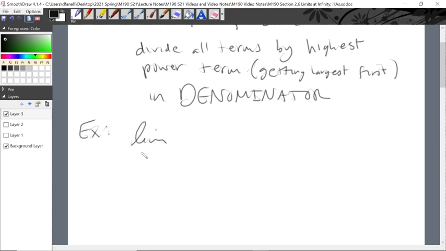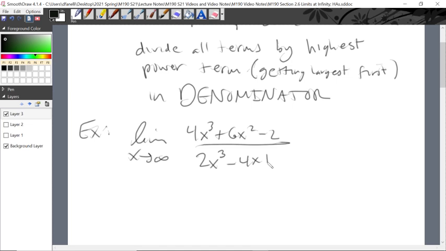Take the limit as x approaches infinity of 4x cubed plus 6x squared minus 2, divided by 2x cubed minus 4x plus 5.